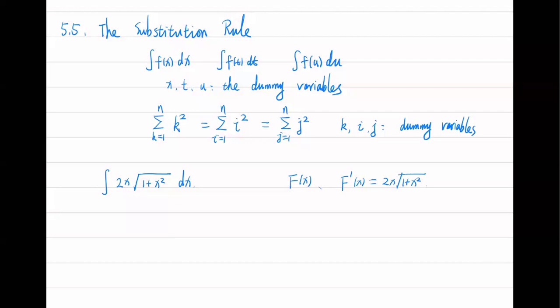Have we seen anything like this before? A function whose derivative is 2x times the square root of 1 plus x squared? Maybe. Okay, so it's not easy to do this directly. So what do we do? Let's record the following.